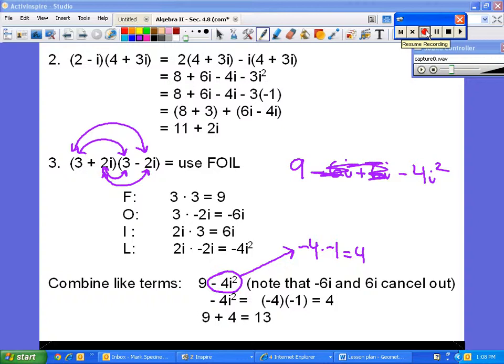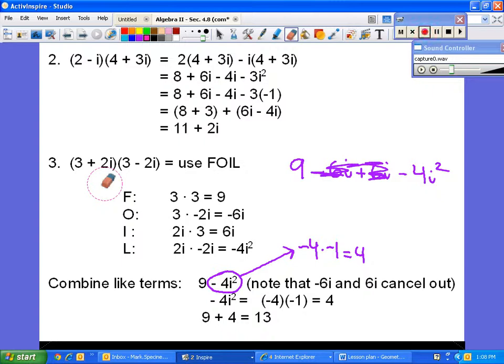I have a question for you. What do you notice about these two binomials? Opposites. They're not quite opposites, are they? The sign is the opposite.